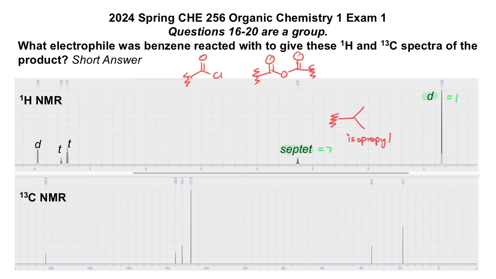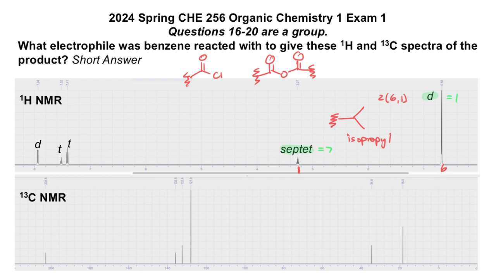Then you have your doublet. So the integration would be 1 for the septet, and then 6 for the doublet. So that gets you your 2 unique aliphatic sets in a ratio of 6 to 1.